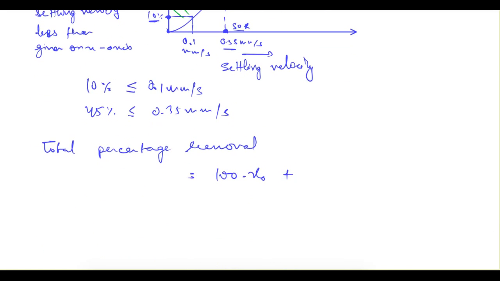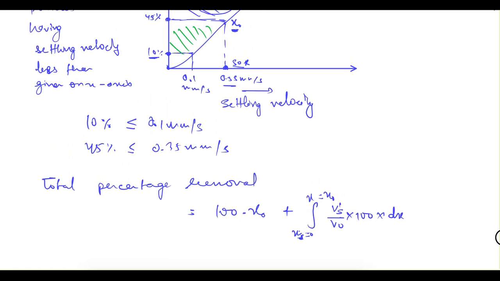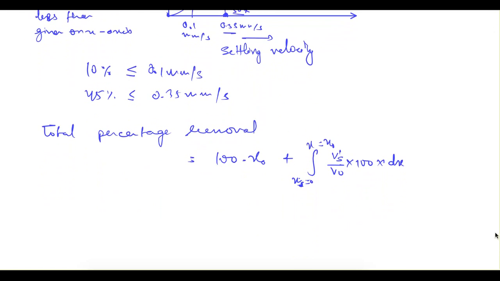That is equal to this integration from x equal to 0 to x equal to x naught, of vs dash divided by v naught into 100 into dx. So that way we can obtain the total percentage removal.